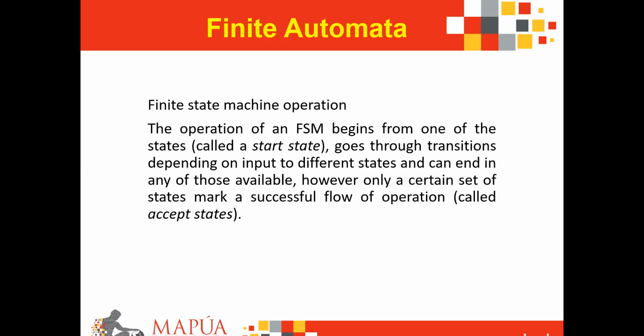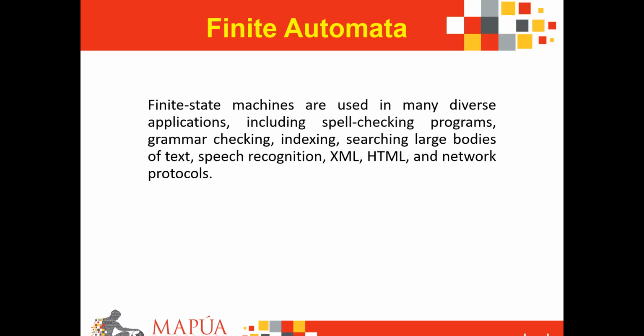A finite state machine operation begins from one of the states, which is called the start state, and then goes through transitions depending on the input onto different states, and can end at any of those available states. However, a certain set of states that mark a successful flow of operations are simply marked as accept states.